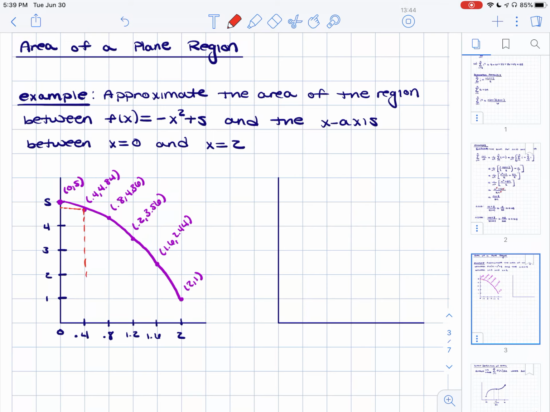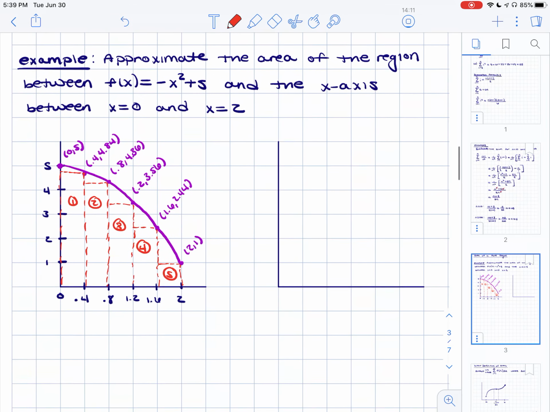This would be one little rectangle. This would be another little rectangle. And so on, using the right endpoint every time. I'm going to call these 1, 2, 3, 4, and 5.